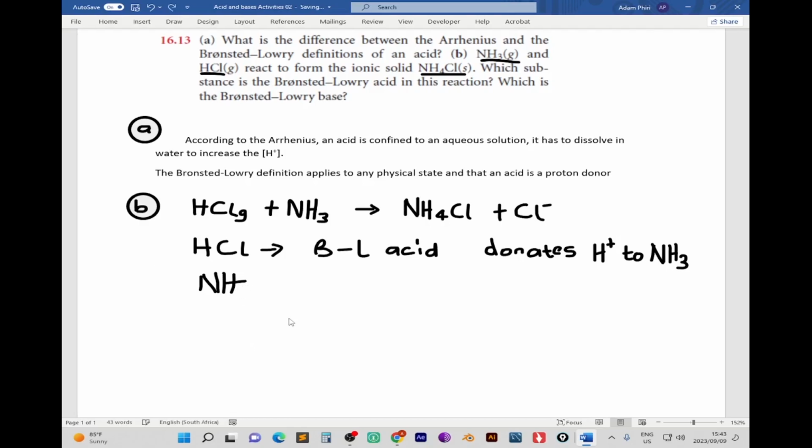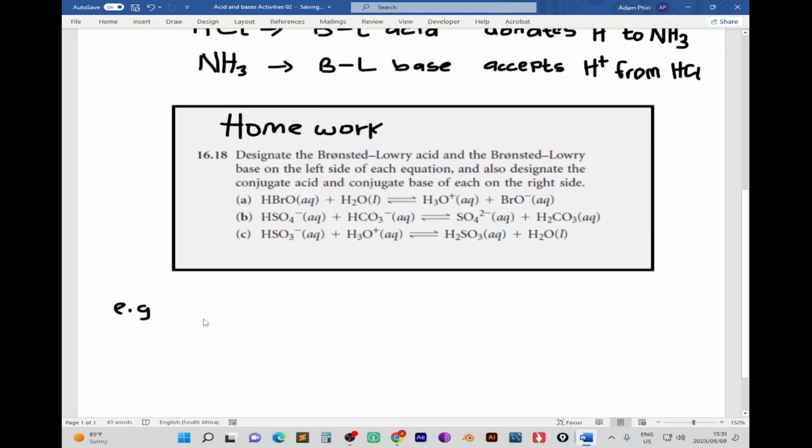And ammonia, because it received one hydrogen to become ammonium, is a Bronsted-Lowry base, because it accepts. In order for you to donate, there has to be something that will accept. So it accepts hydrogen from hydrochloric acid.